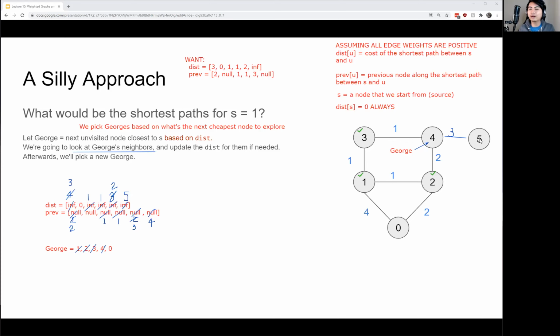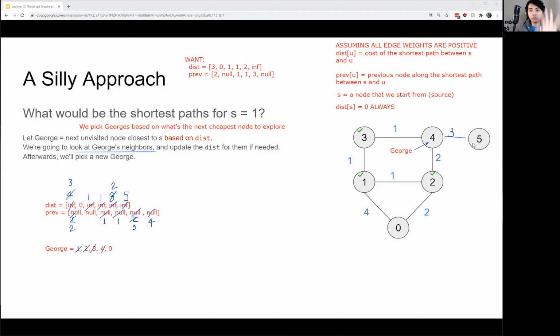So we know that we're guaranteed by the time we get to 5, we'll no longer need to update it any more times. And also that we never set the distance to 5 to be 6 because we never actually went and got to 5 to update it by going through 4, right? We were forced to go through 3 and 4 first before we could ever get to 5, all right?